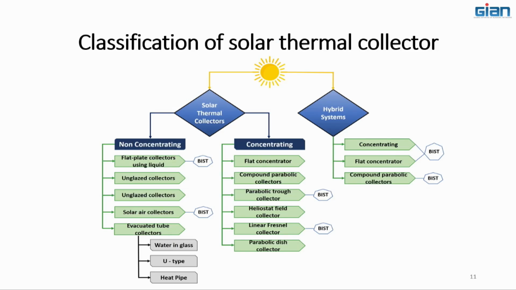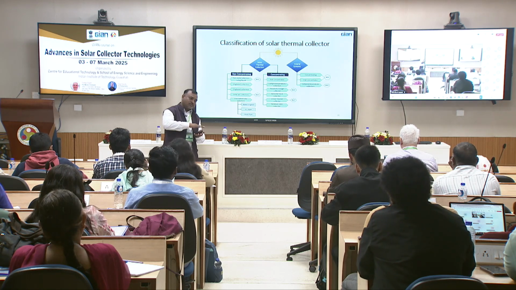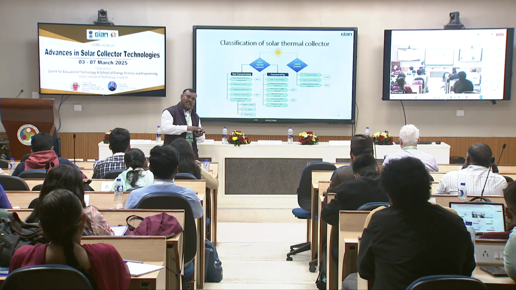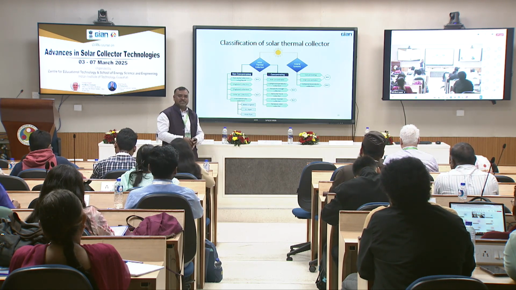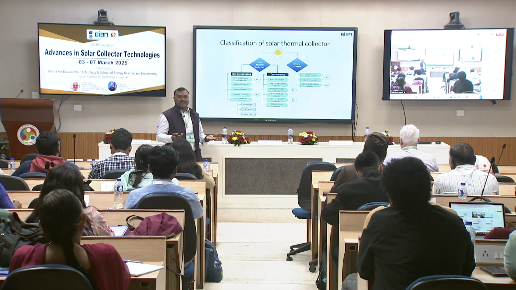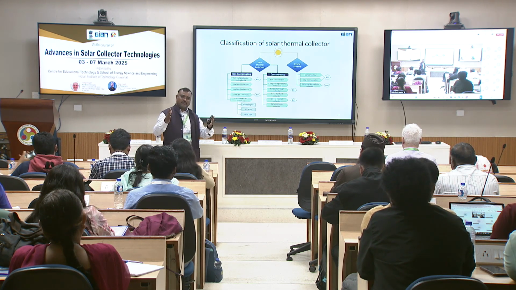We can also classify the collectors as concentrating collectors or non-concentrating collectors. If it is a flat plate collector, you are not concentrating the beams, right? So the amount of solar radiation falling on your collector and the amount of radiation you are receiving is the same. So the area is the same, which means your concentration ratio is 1. If you are increasing the concentration ratio, that means you are increasing the area of reflection.